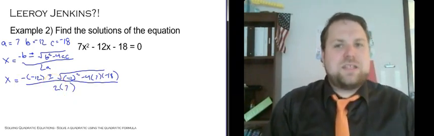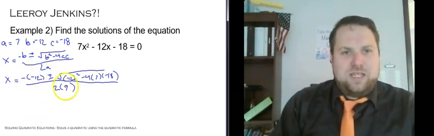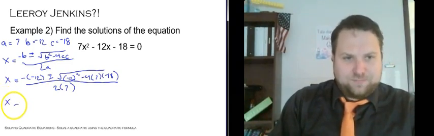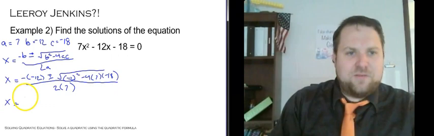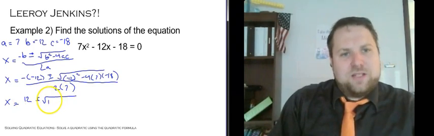And then, just as I did before, I'm going to work each one of these areas before I ever try to plug this into a calculator. Negative negative 12 is positive 12. Plus or minus the square root of negative 12 squared, which is positive 144.